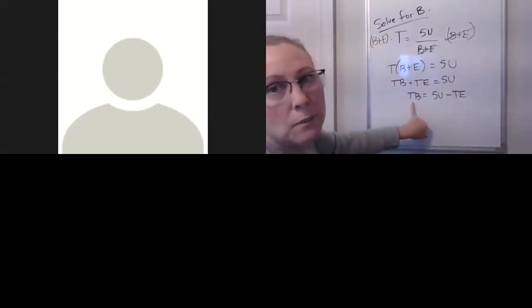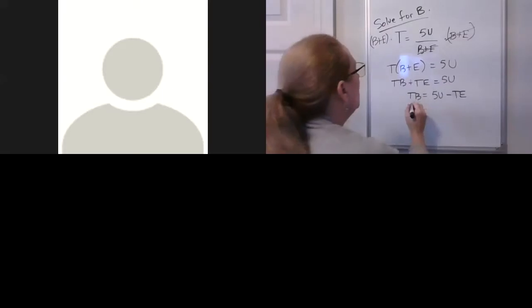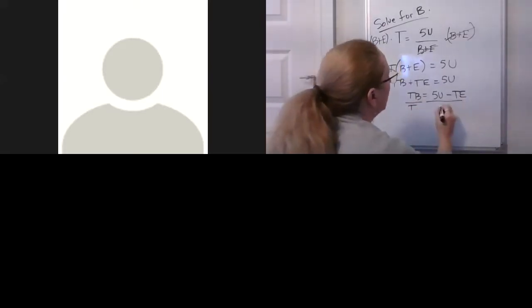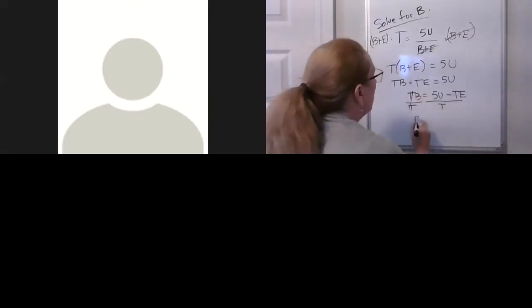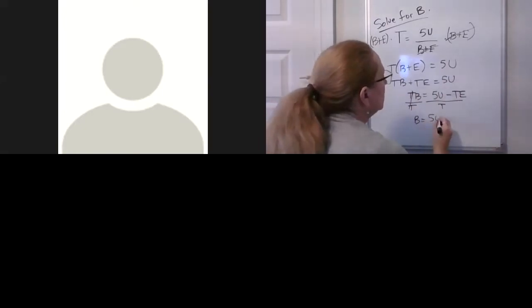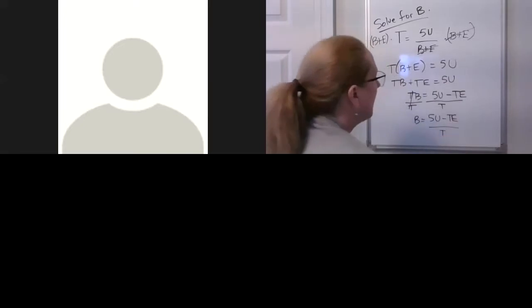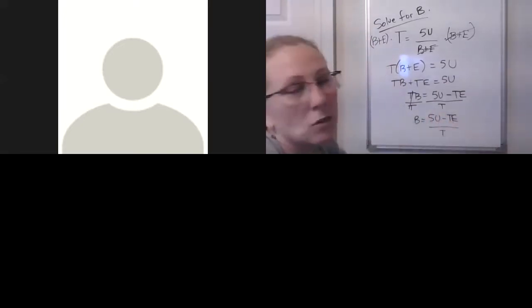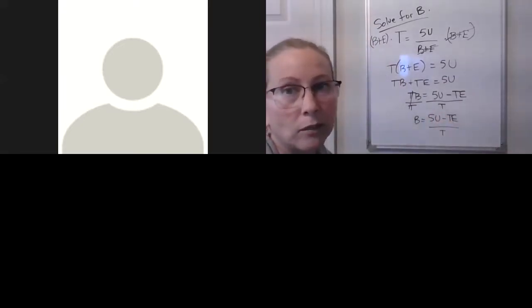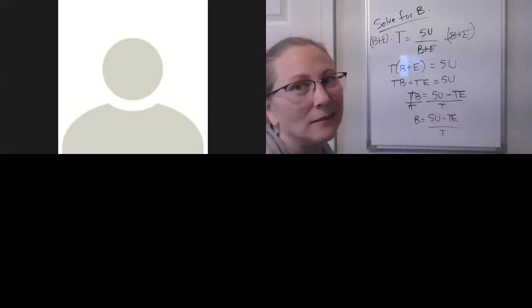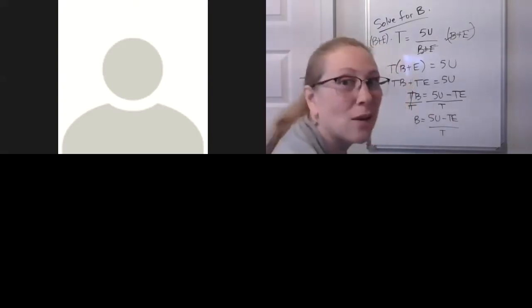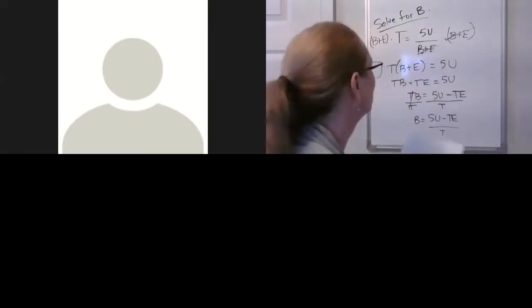And we need the b by itself, so we're going to get rid of the t by dividing. So now here's our answer, 5u minus te over t. And that t can't cancel with anything because there's no t by itself in the numerator. I know, these are fun. Yes, that was sarcasm.